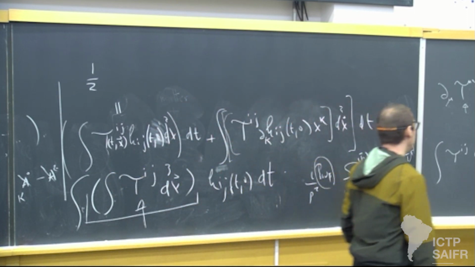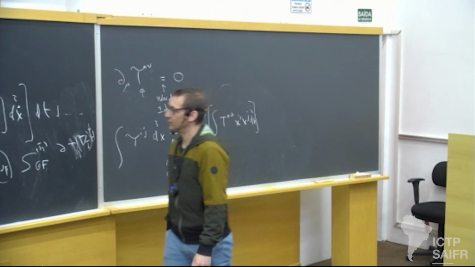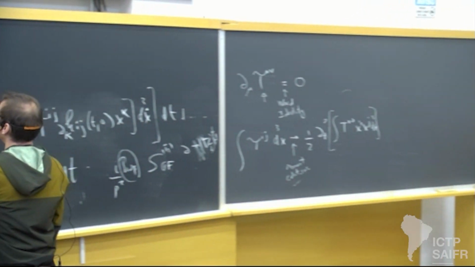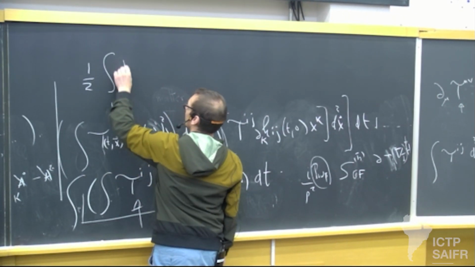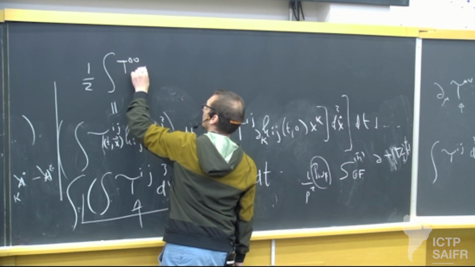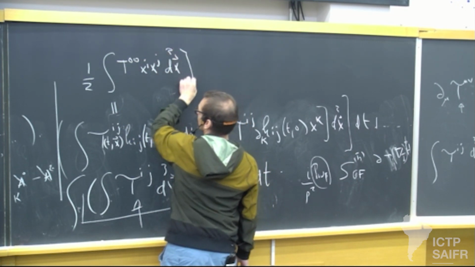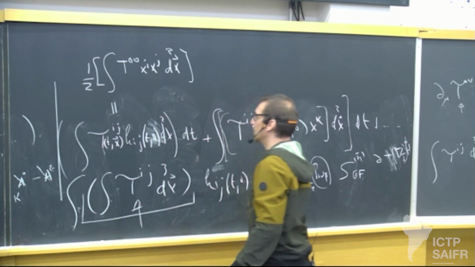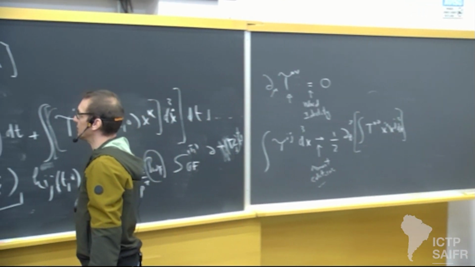Well, this 0 is time. But we have the integral over time that we want to do. That's the whole point. So we have the T00 xi xj d3x, which is an object on its own. And there are derivatives.